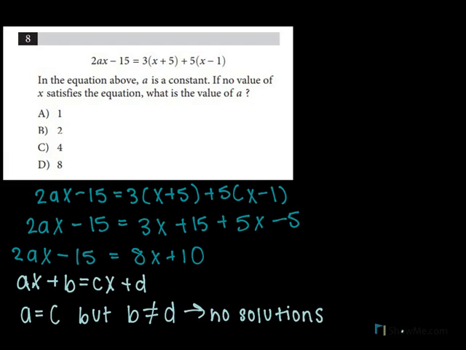And in the problem it says, if no value of x satisfies this equation, what's the value of a? So this would have no solutions, but we have 2ax and 8x, and it would be a equals c. So let's write it out over here. 2a equals 8, a would equal 4.